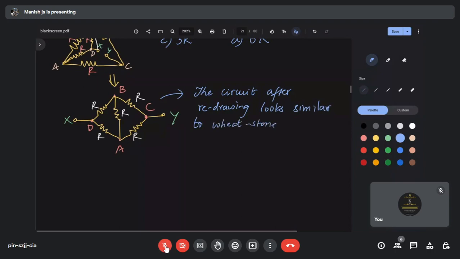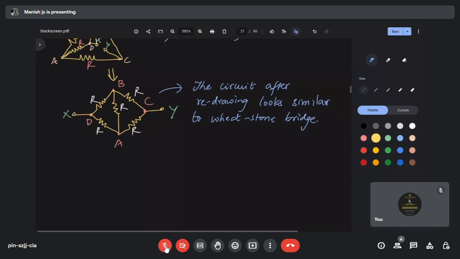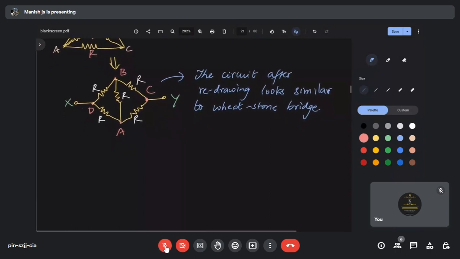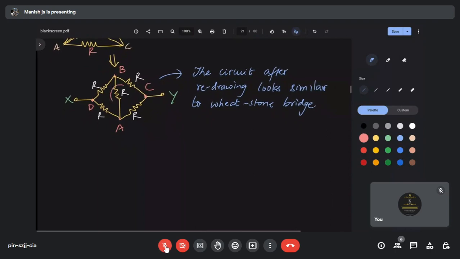I had introduced a circuit called the Wheatstone bridge in the last class. So this circuit looks very similar to a Wheatstone bridge circuit. How would a Wheatstone bridge circuit look? It will look just like this. In the place of the R in the middle, you will have a galvanometer.